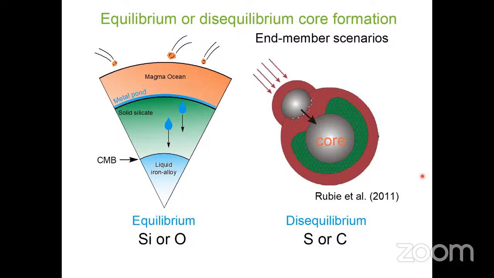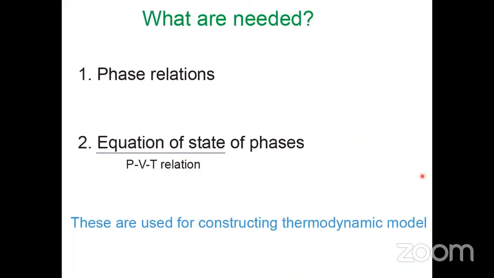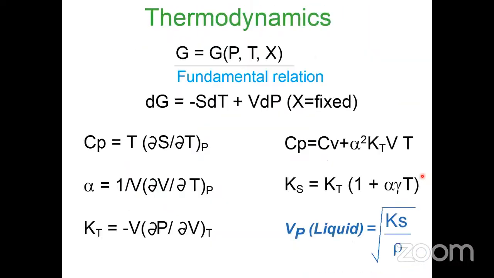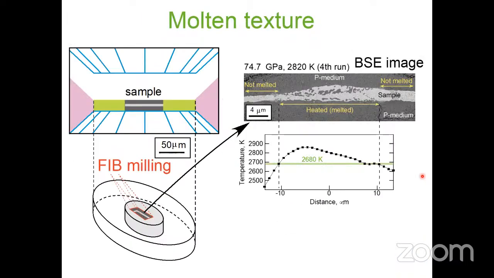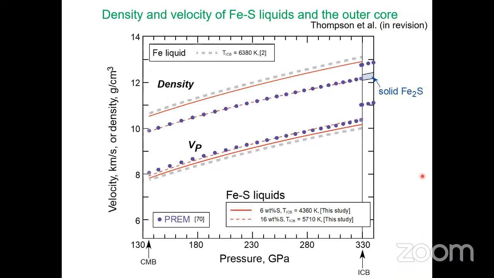The inner core, what do you think? Maybe I missed it, but what's actually the inner core? As I said, my hypothesis is if you put 2 weight percent sulfur. Looking at this diagram, this is 6 weight percent sulfur-bearing iron, and this doesn't reduce density very much.